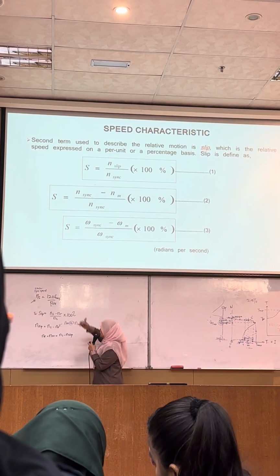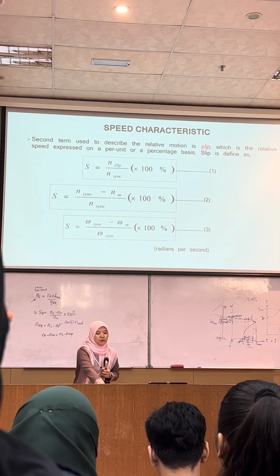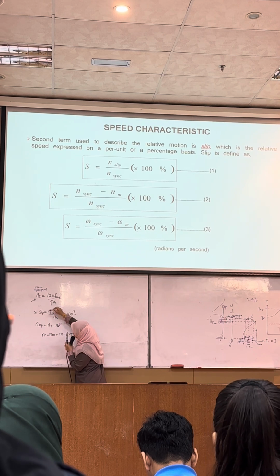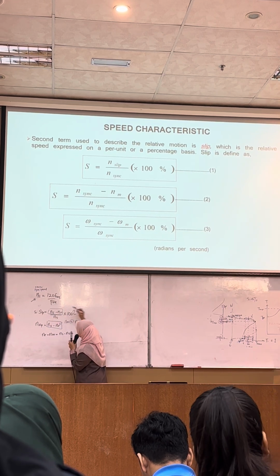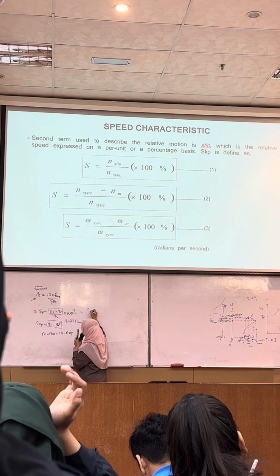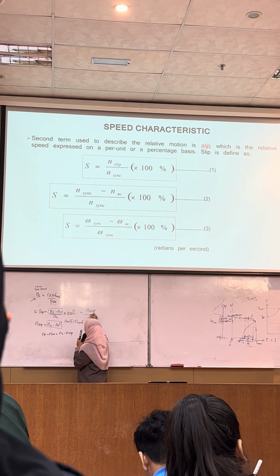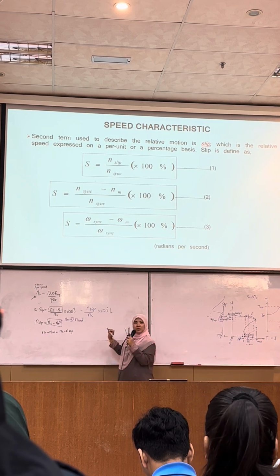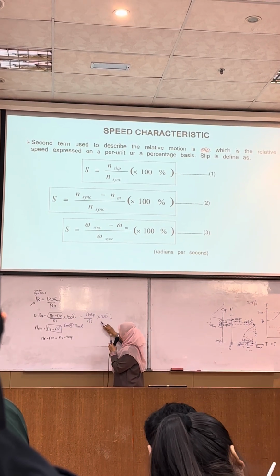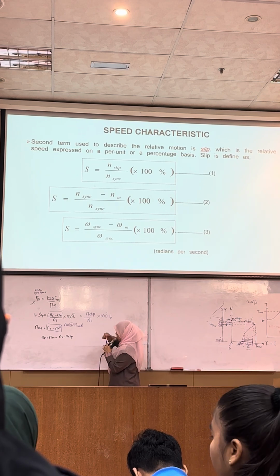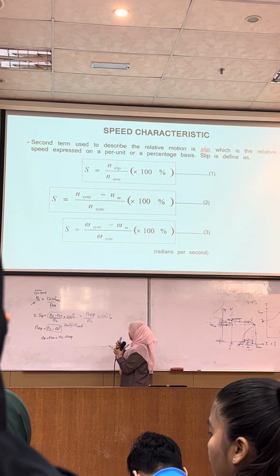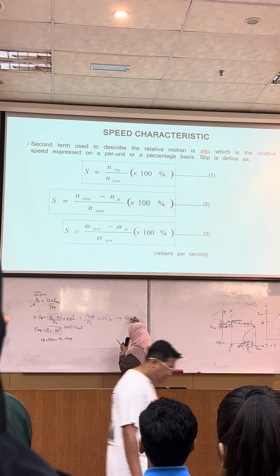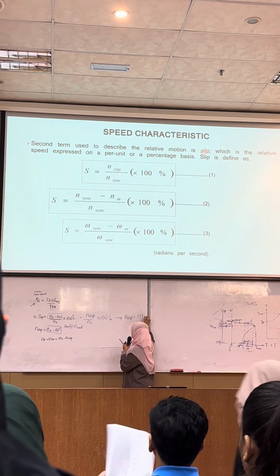Okay, take a look at this. This one sama dengan yang ni, N slip over NS times 100. Okay, so you boleh rearrange and split NS and NS.